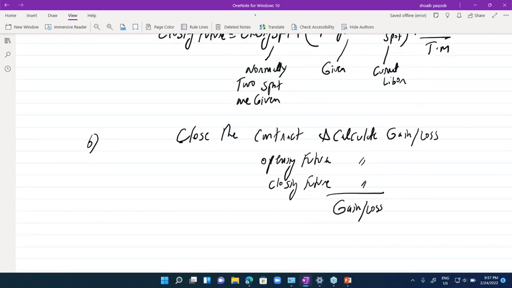And if you are using ticks, gain loss will be in ticks into tick value, into contracts. There are different ways to solve this.